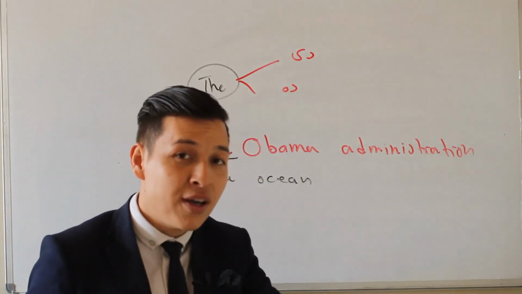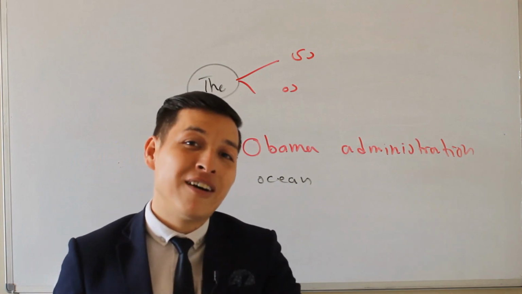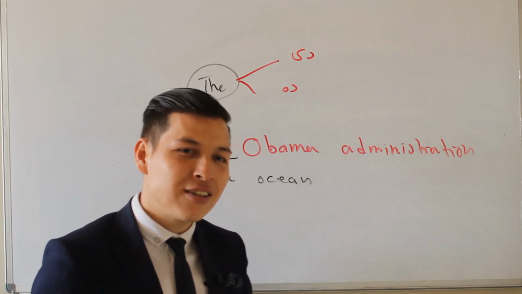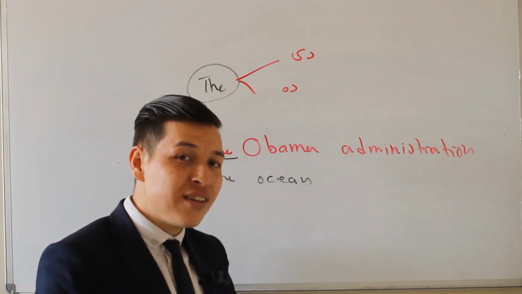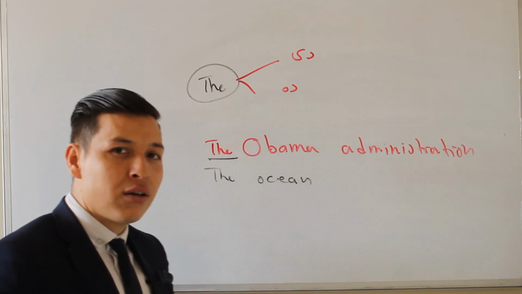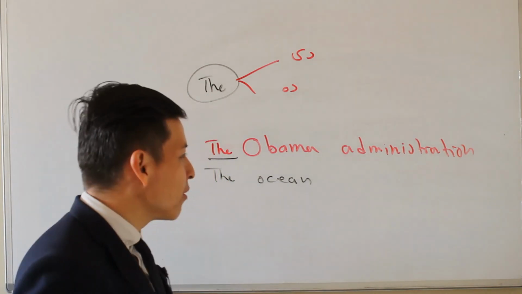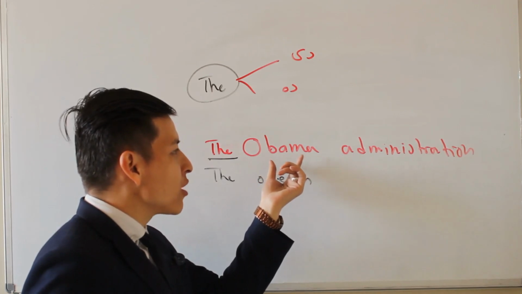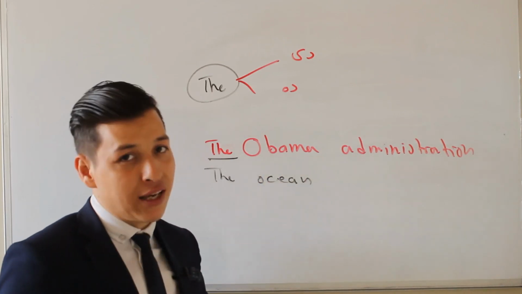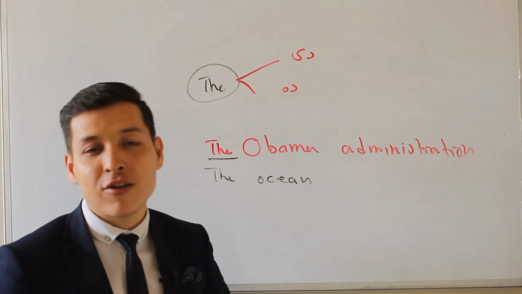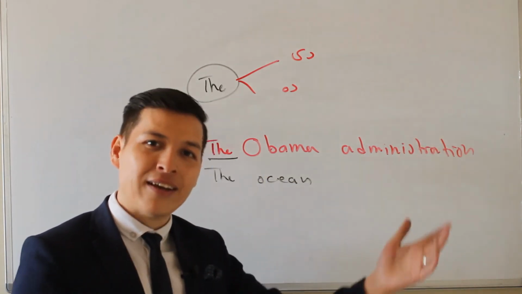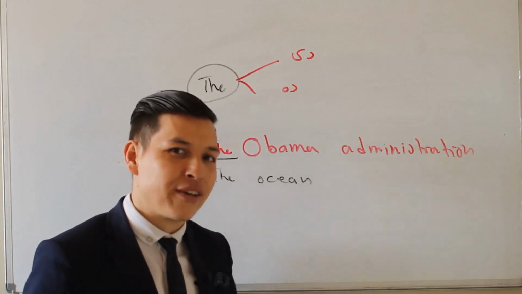If I say, for example, Obama was a black president, yes, he was the first black president of the U.S., there we are talking about the person only, and we could not use "the". But here it's administration, so we say the Obama administration, like the Karzai administration, the Ghani administration, or others.